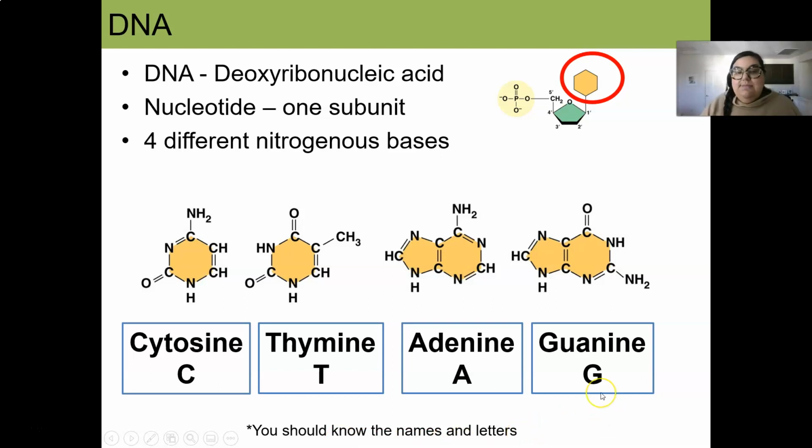You do not need to memorize the structures, but you should know that there are four and their corresponding letters. They are what make DNA a little bit different.